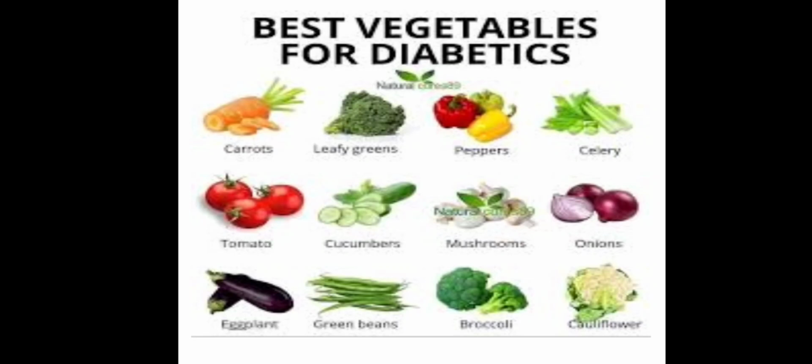A diet high in veggies is associated with weight loss and reduced risk of gaining weight or becoming obese. So in that way we can control diabetes. So diabetic patients need to take a proper amount of veggies in their diet.